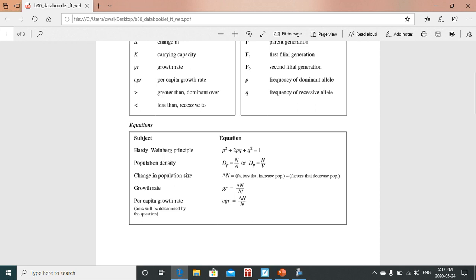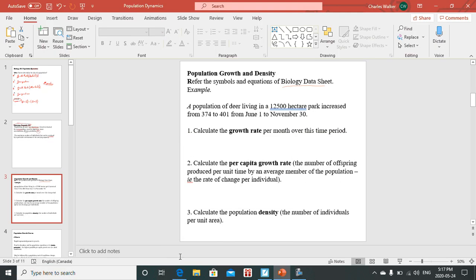This is the one I already wrote down for the overall size of the population: factors that increase the size, the birth rate and immigration, minus the factors that decrease the size of the population, the death rate and the emigration. We'll take a look at this one here, GR for the growth rate, and this one here, CGR for the per capita growth rate as well, as we go through a few of those calculations.